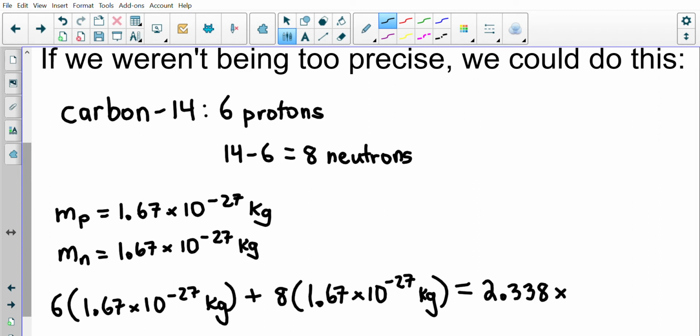I get 2.338 times 10 to the negative 26 kilograms. Now, the problem with this is that this answer actually isn't that accurate. All of the numbers on the back of your formula sheet are rounded to 3 significant digits, which is why it looks like these two masses are the same.